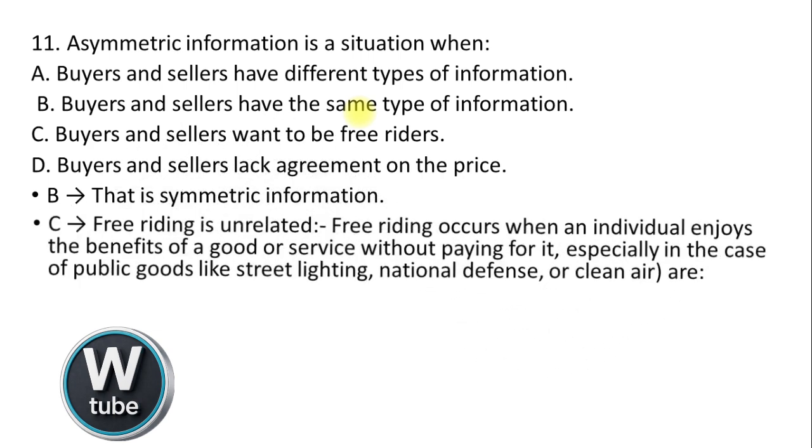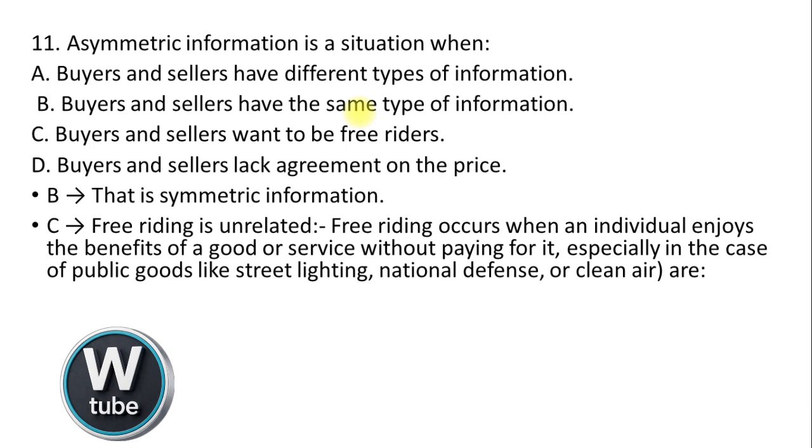Free riding is unrelated. Free riding occurs when an individual enjoys the benefit of goods or services without paying for it, especially in the case of public goods like street lighting, national defense, or clean air. So C is not the answer.